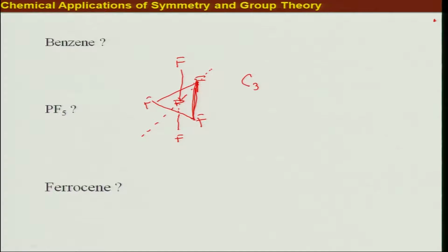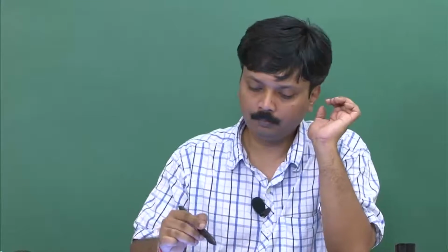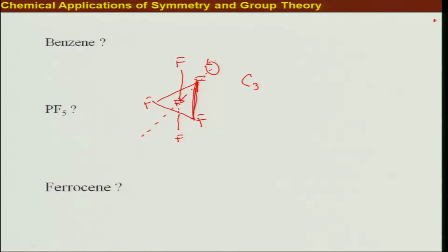So you start from one tip of the equilateral triangle and go till the middle of the base, you get an axis which is nothing but a C2, right? So this is one C2 prime because it is perpendicular to the principal axis of symmetry. The principal axis of symmetry is along this, as we wrote already, C3.